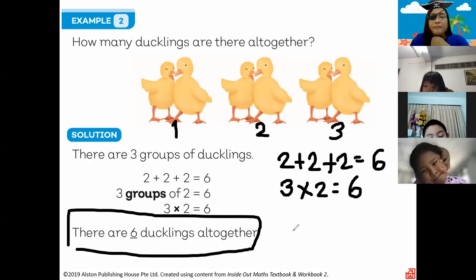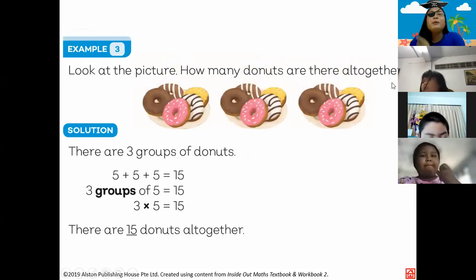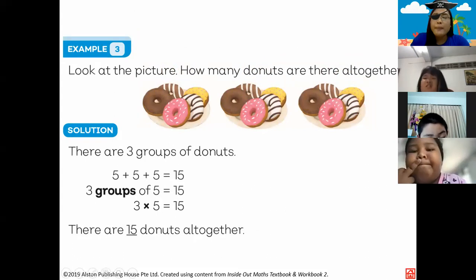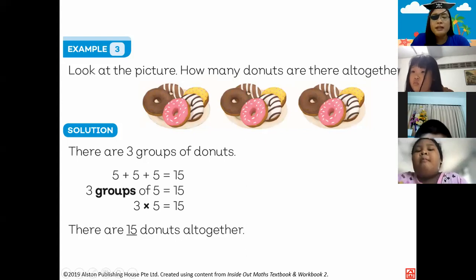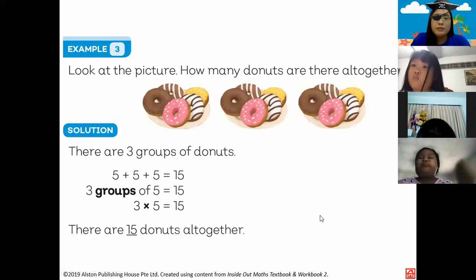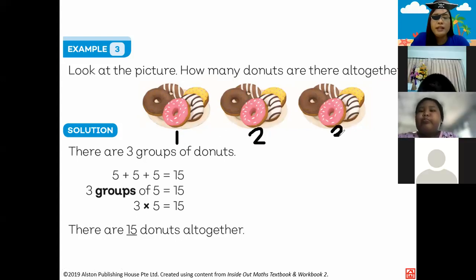Okay. All right, now let's proceed to the next one. Example number 3. So look at the picture. How many donuts are there altogether? Now, how many groups? There are 3 groups. 1, 2, and 3.